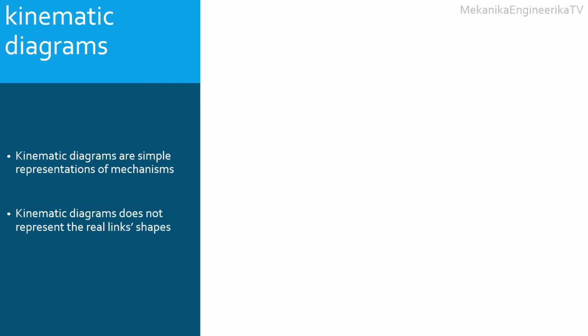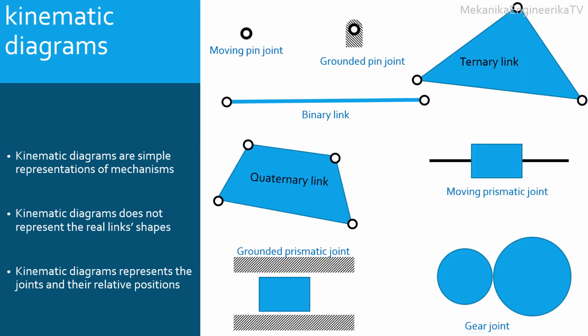Kinematic diagrams do not show the real shape or geometry of links. Kinematic diagrams pay more attention to the joints and their relative positions. Here are some simple representations of joints or links.